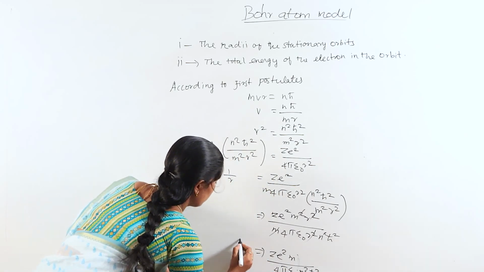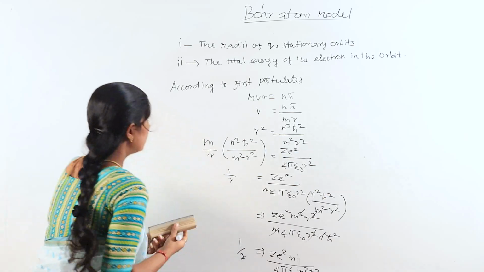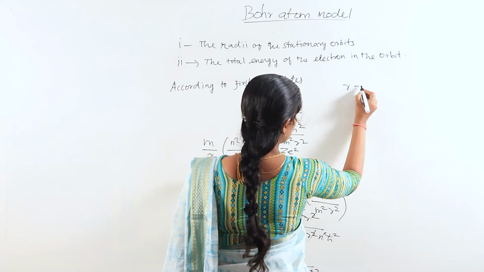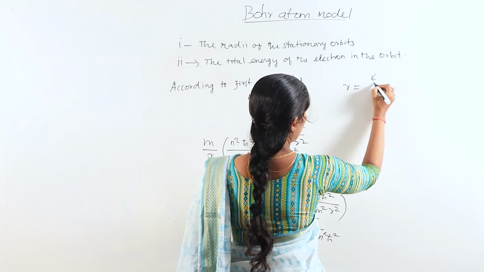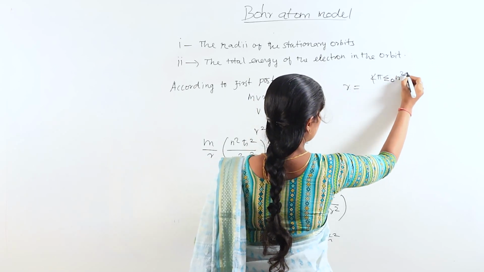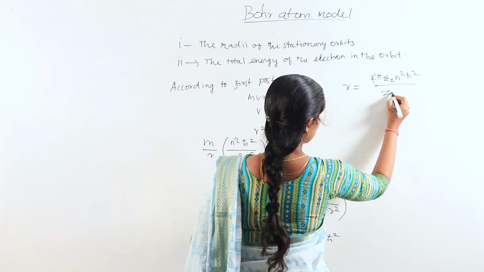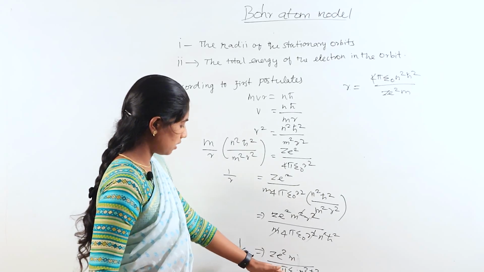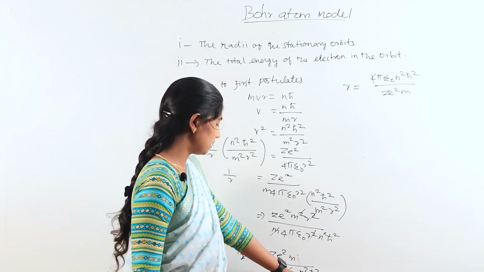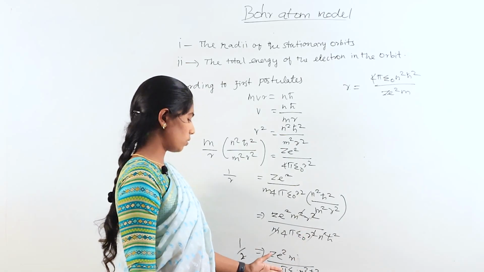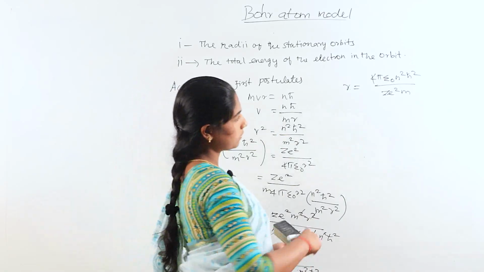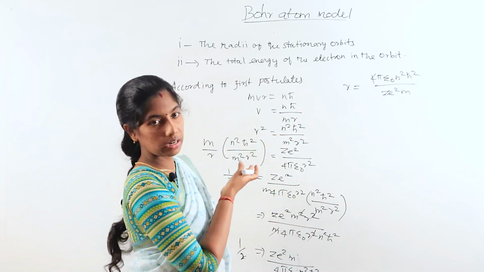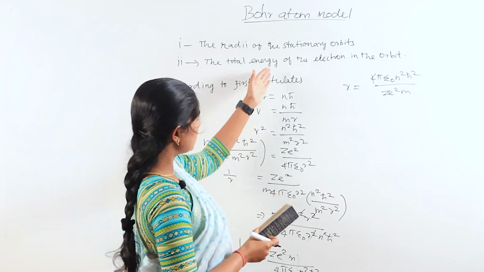This is the value of 1 by r, but we need the term of r. So r is equal to 4 pi epsilon naught n square h cross square divided by Z e square m. I change this term: 4 pi epsilon naught n square h cross square goes to the upper side and Z e square m goes to the denominator. This is the radii of the stationary orbits.